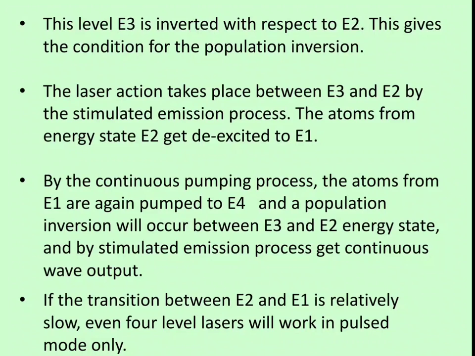Hence population inversion exists between the E3 and E2 energy states. So here it is a stimulated emission process, and automatically it is a radiative transition. So here the laser light is emitted. And automatically the transition between E2 and E1 is relatively slow. So even 4 level lasers will work in a pulse mode only.